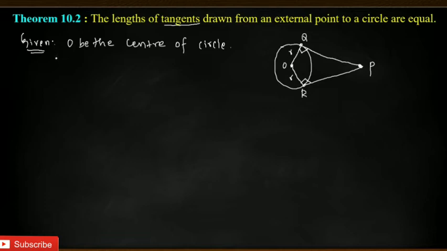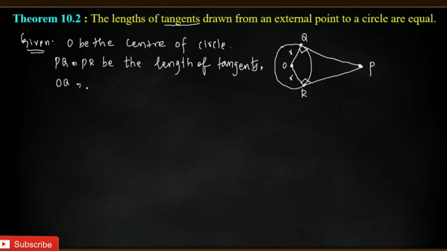PQ and PR be the lengths of the tangents. Next, we know that OQ and OR be the radii, both the same, the radii of the circle.